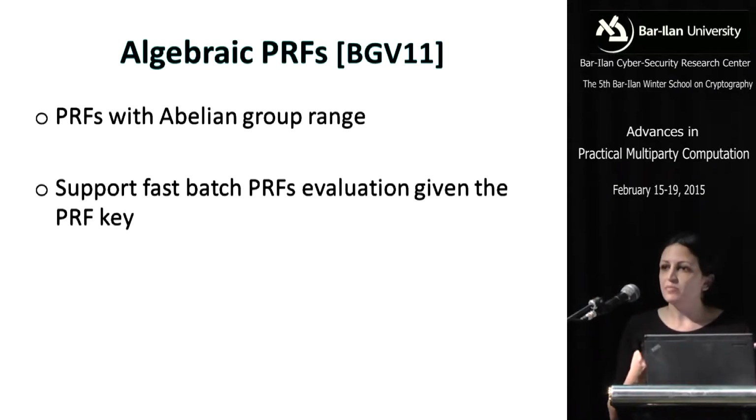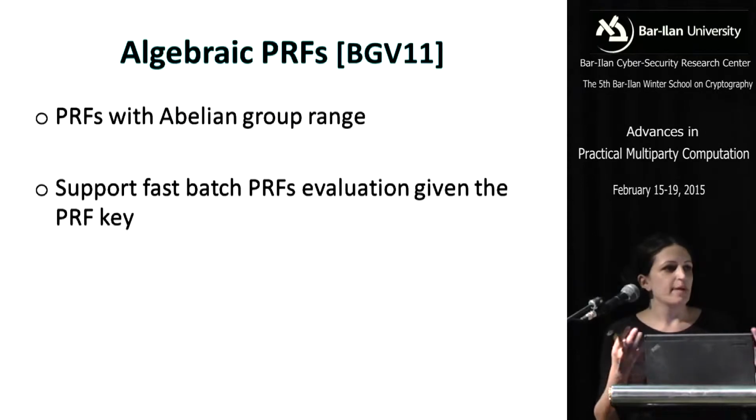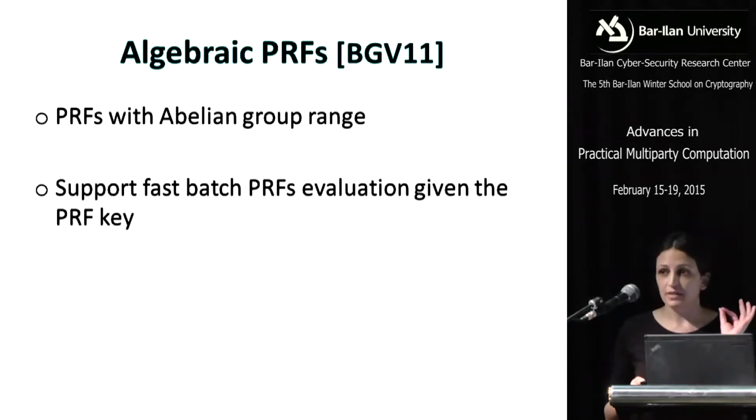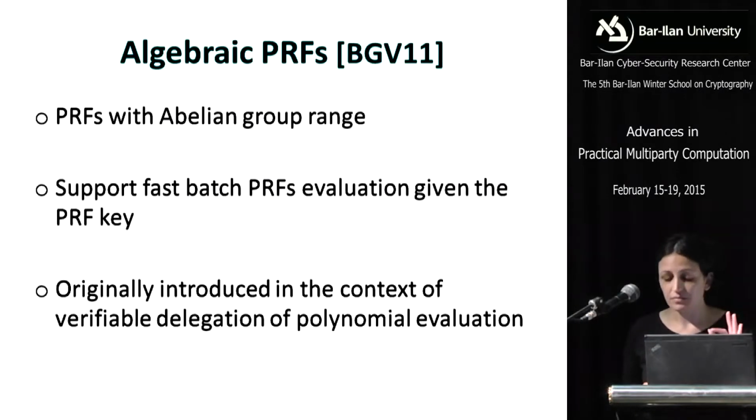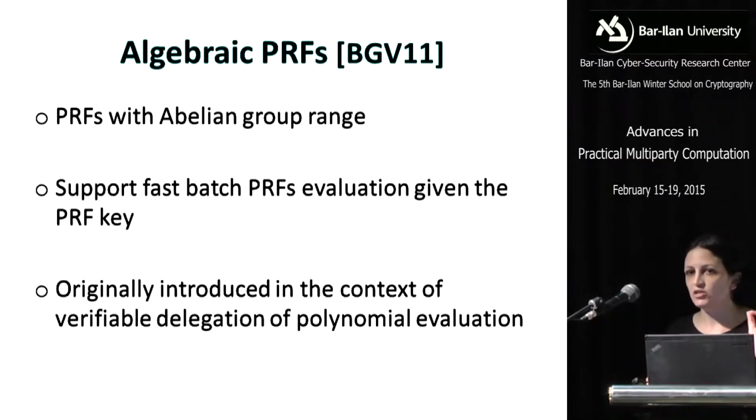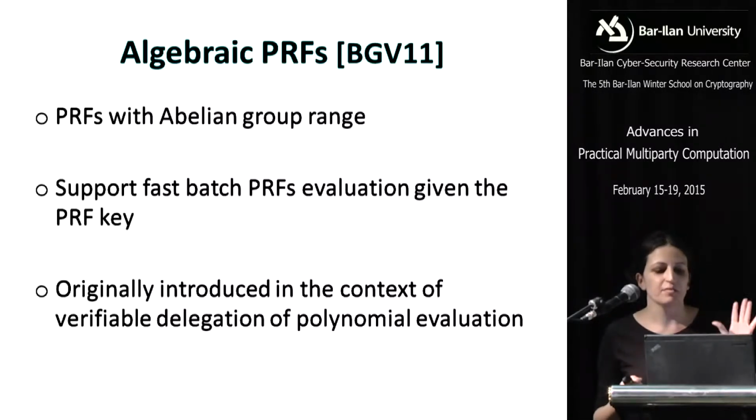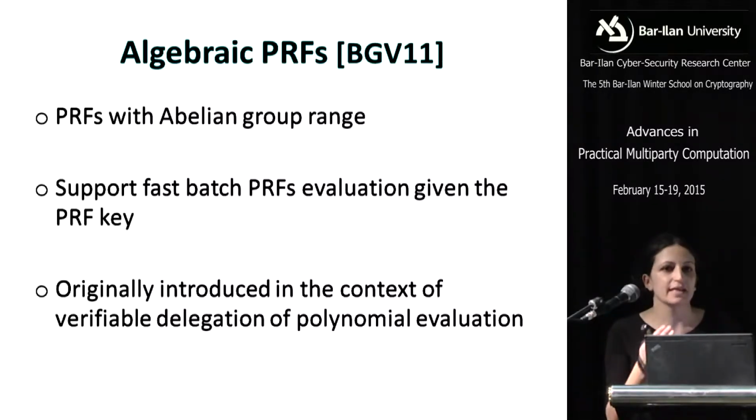The very important property is that they support batch PRF evaluations given the secret PRF key. In the BGV paper, they use this tool for verifiable computation, verifiable delegation of polynomial evaluations. So let's elaborate on these last two bullets.